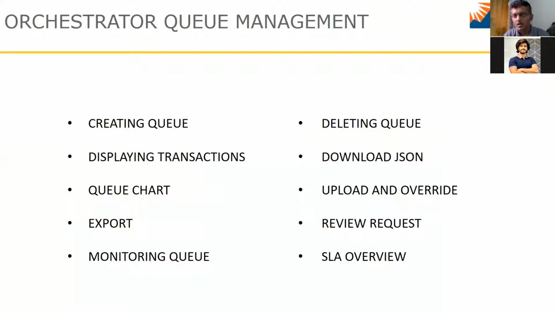We did a sort of a brainstorming, and we showcased how to create a queue, display transactions, queue chart, exporting queues, monitoring queues. Today we're going to do deleting queues, download JSON, upload and override, review request, and SLA overview. And to quickly start this, I will ask Nisarg to take it over from here.